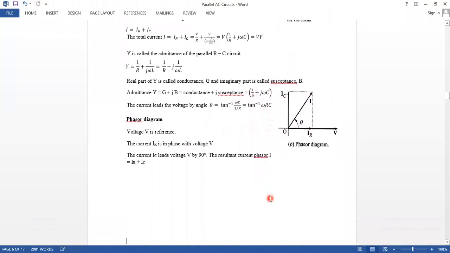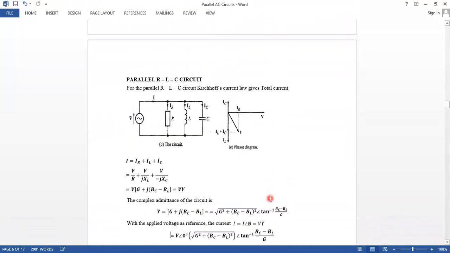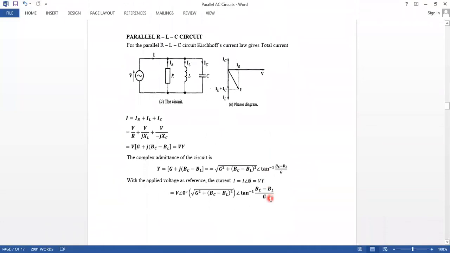So we shall move on to the parallel RLC circuit. For a parallel RLC circuit, let us connect resistance R, inductance L and capacitance C in parallel across a sinusoidal voltage V. So here, what is the total current I?